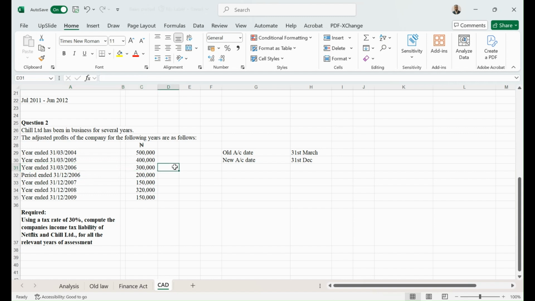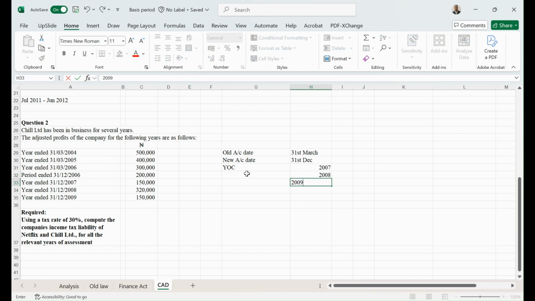So 2006 is not the year of change. Okay. 2007, was the old accounting date used? Do we have 31st March 2007? The answer is no. Therefore, the year of change is 2007. All right. Then two other subsequent years will then be 2008 and 2009.